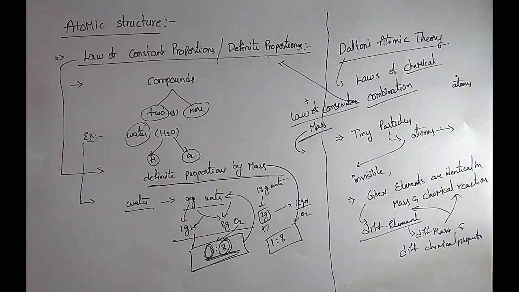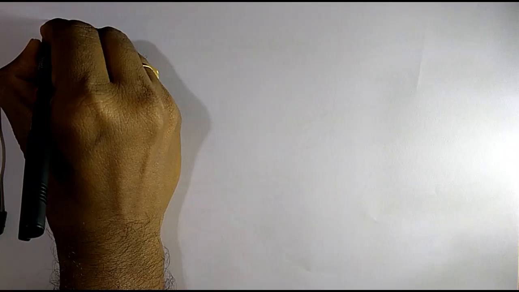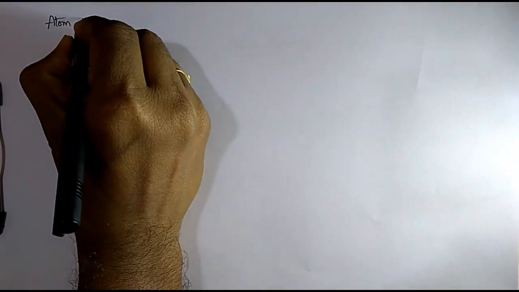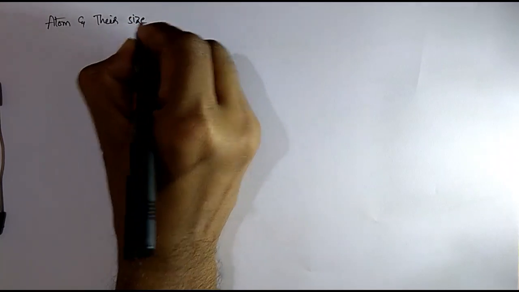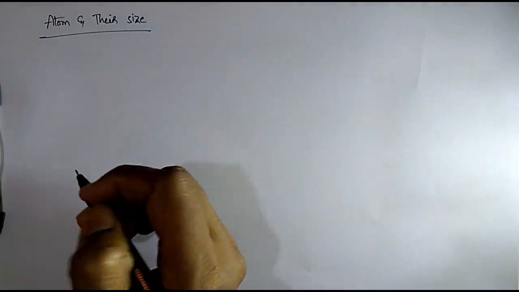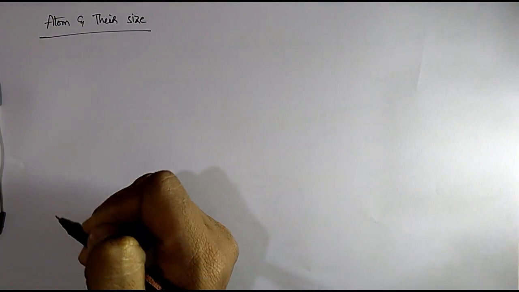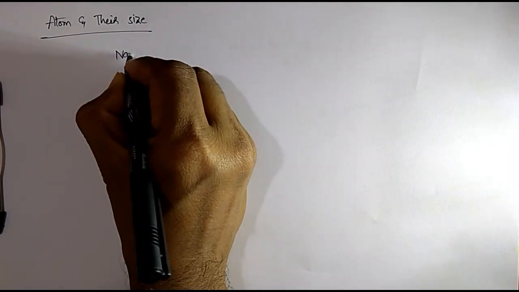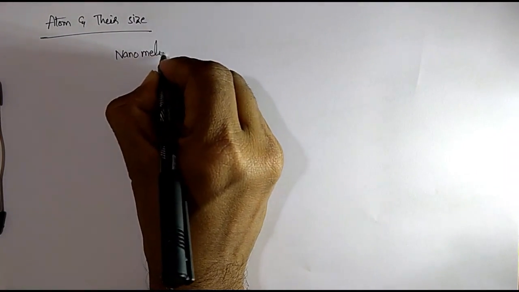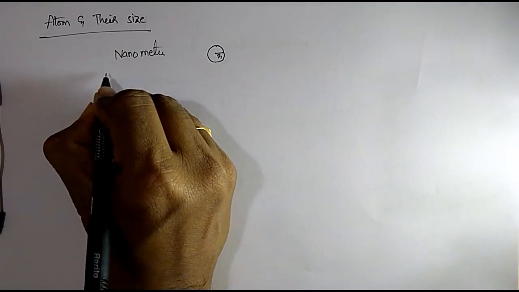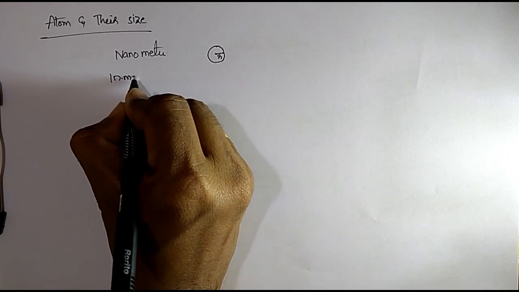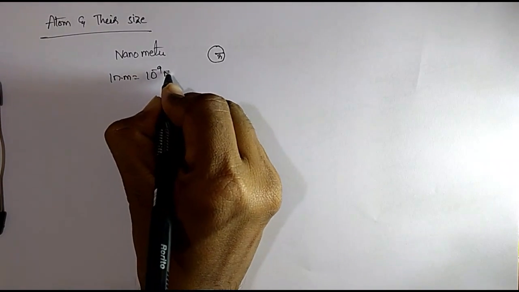Next, atoms and their size. Here, the atomic radius is measured in nanometers. If you take one atom, its radius is measured in nanometers. We know that 1 nanometer is equal to 10 power minus 9 meter.